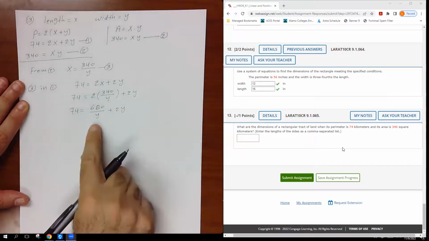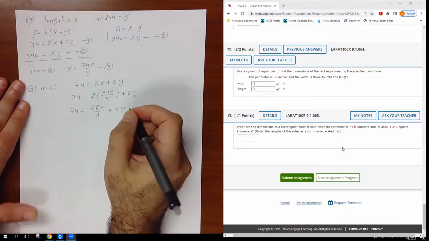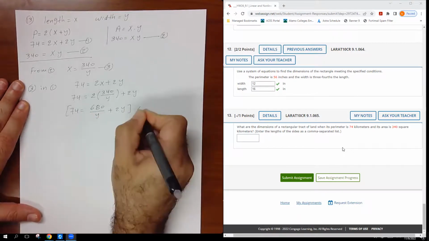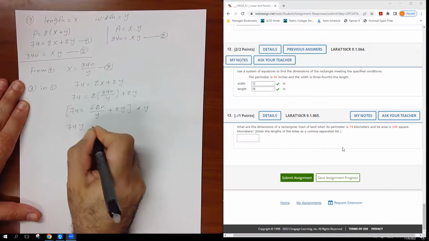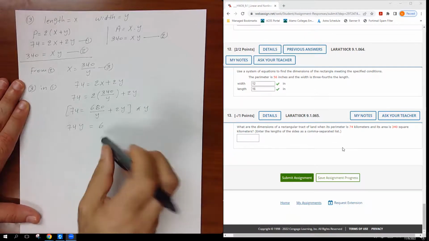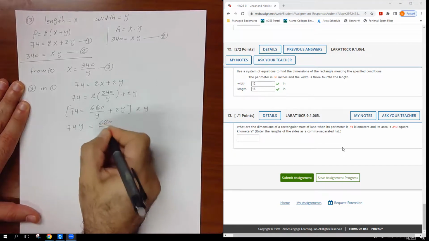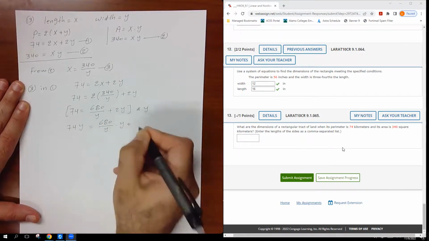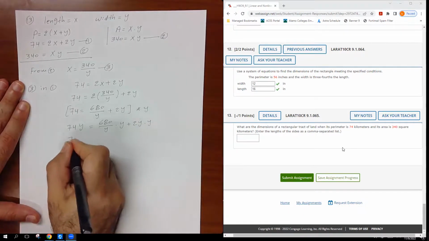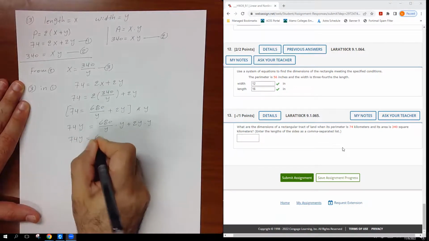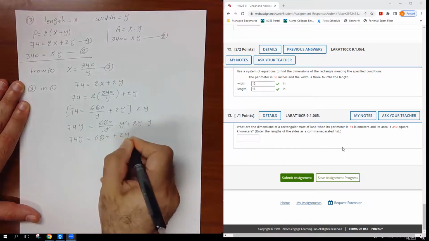Now we need to cancel the y, so we're going to multiply everything by y. That means it's going to be 74y equal to 680 plus 2y times y. That means 74y equals 680, because you can cancel the y's, plus 2y squared.